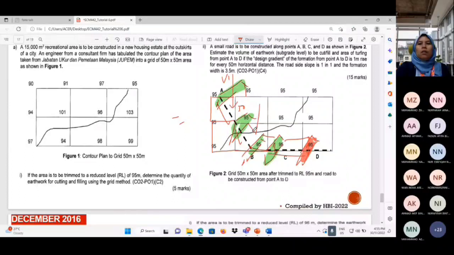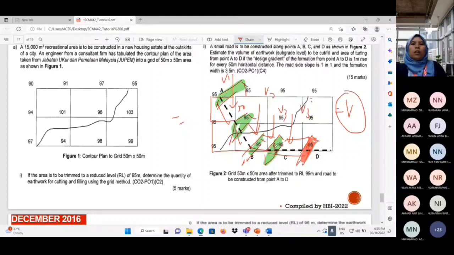This is volume 1, this is volume 3, this is volume 4. So the total volume is V1 plus V2 plus V3 plus V4, the total volume of earth to be cut or filled, according to the leveling.